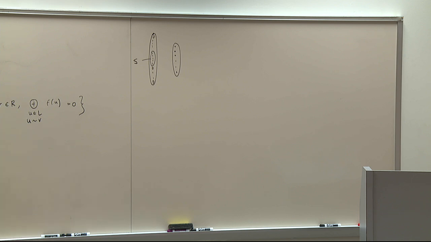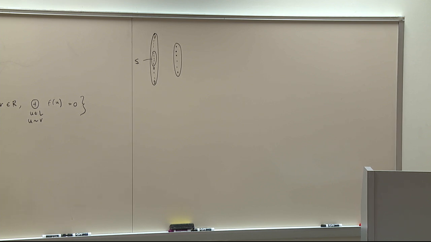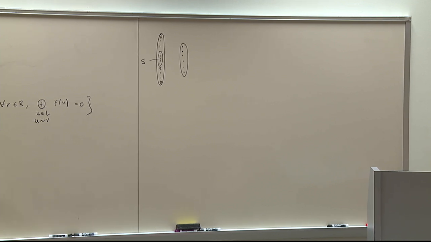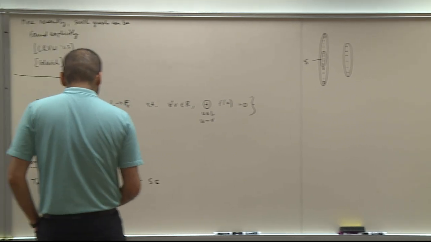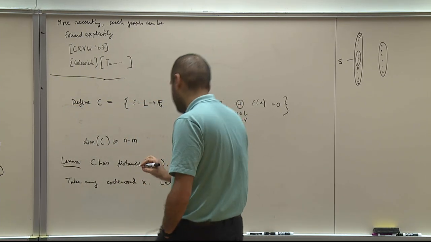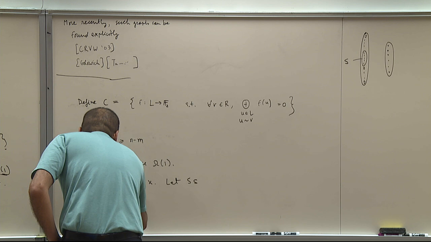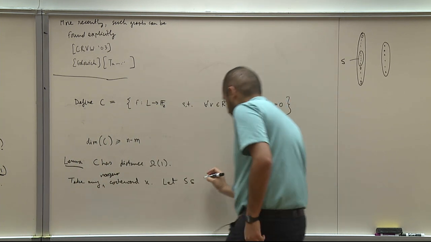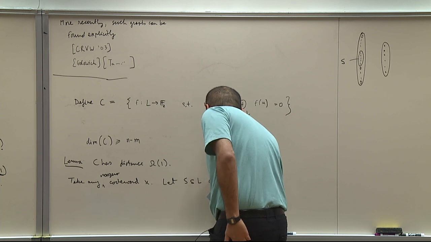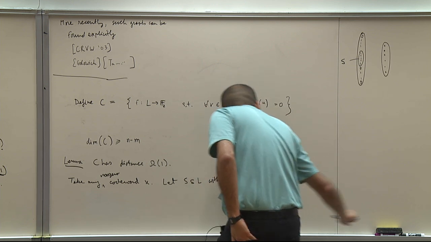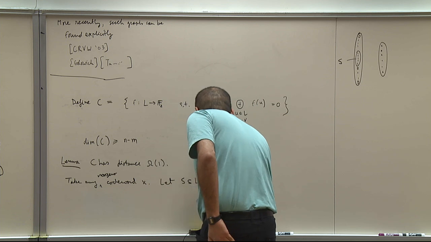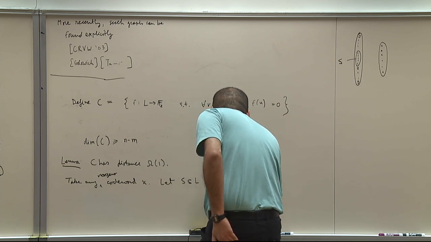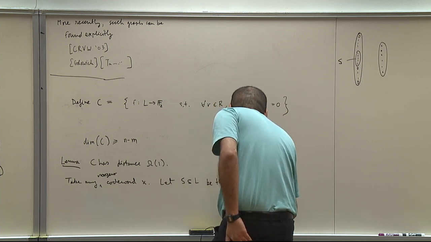So take any non-zero code word X, and we're going to show that it cannot have too small a support. So let S be the subset of left hand side with size, be the support of X.